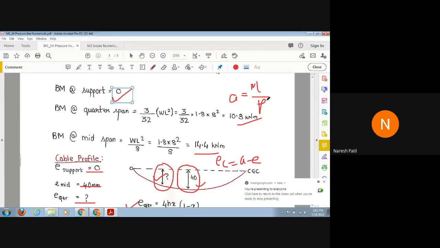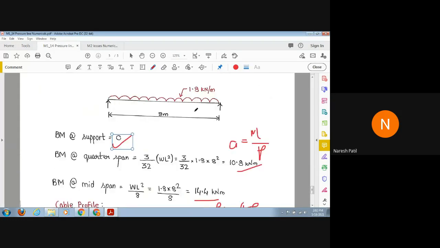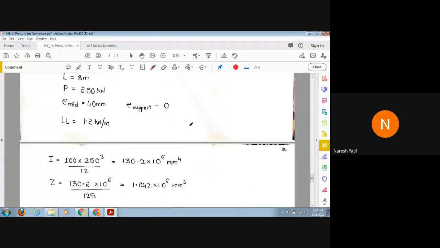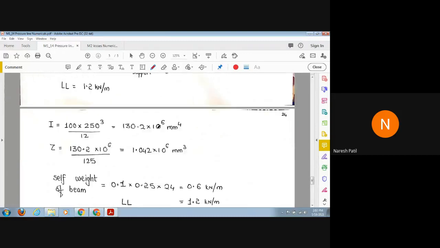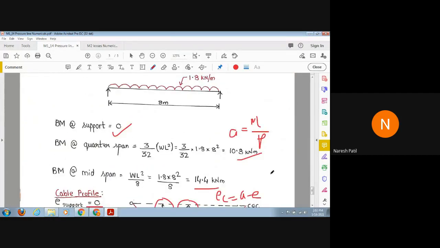A is equal to M by P. M is given as 10.8. I will calculate before you. It is very simple. M is 10.8 into 10 to the power 6, divided by P. P is given as 250 kN. So you can calculate A at quarter span.